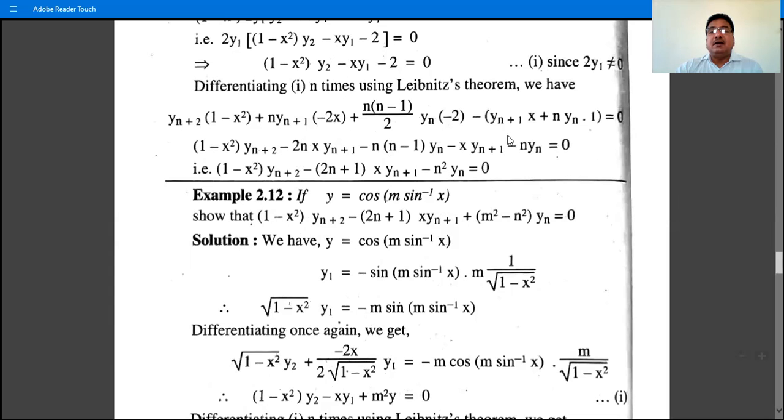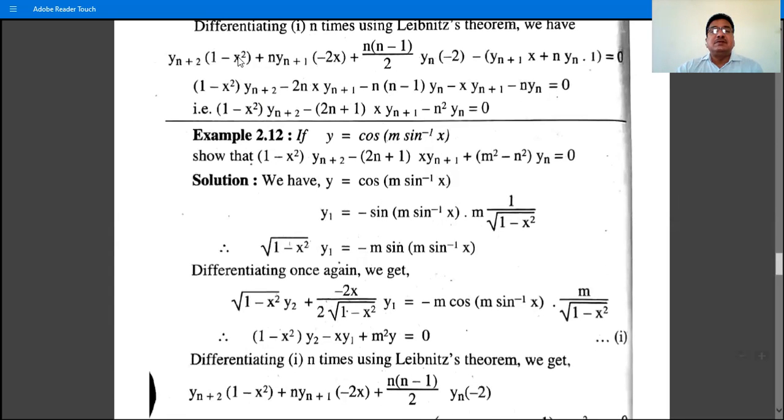And then arranging these terms: this term (1 minus x square) y_{n+2}, then this term minus 2nx y_{n+1}, then this term minus n(n minus 1) y_n. After the negative sign acts on the two terms, we have minus x y_{n+1} minus n y_n is equal to 0.